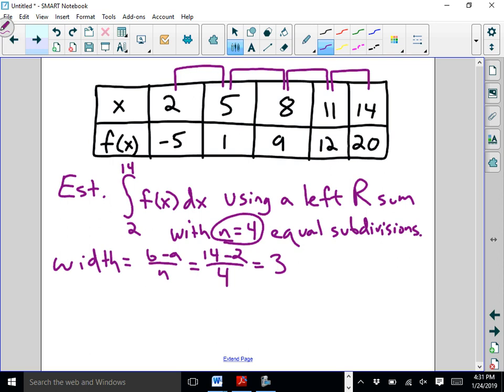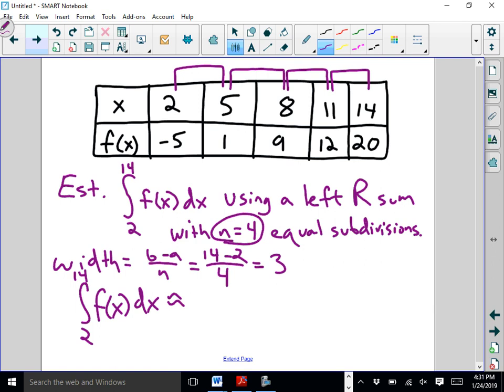Now, instead of sketching a graph here and spending all that time like we did today on our homework, we can do this really, really quickly. Okay? Here's how it works. So, here's what I'm going to say. Integral from 2 to 14 of f of x dx approximately equals, okay?